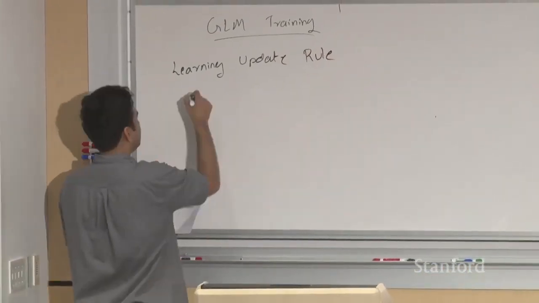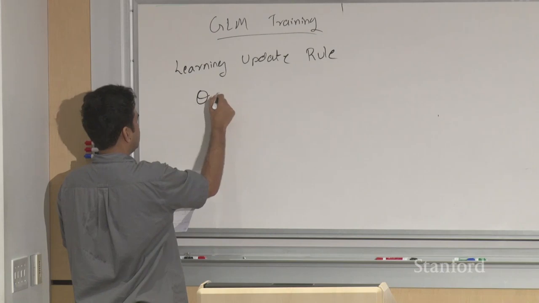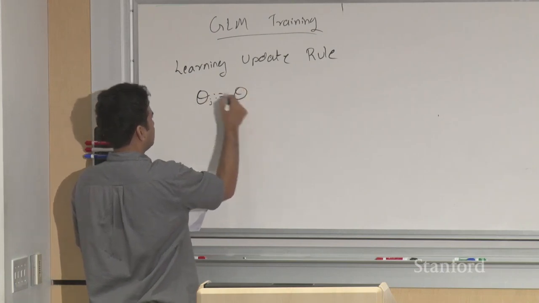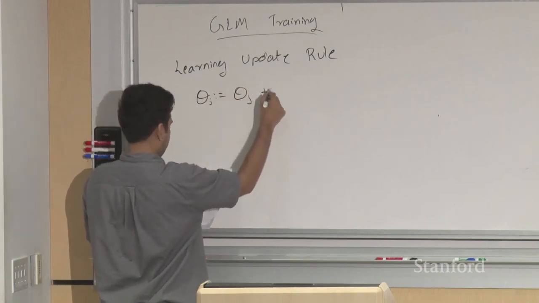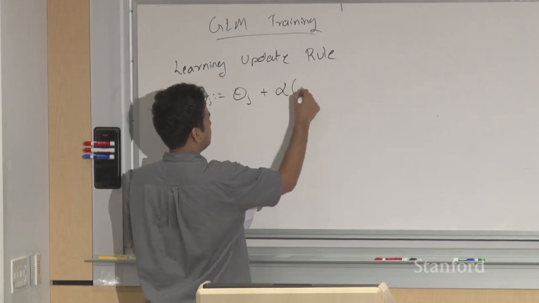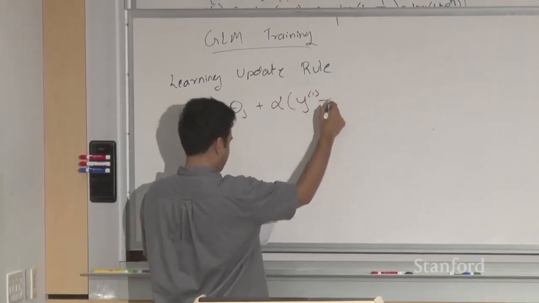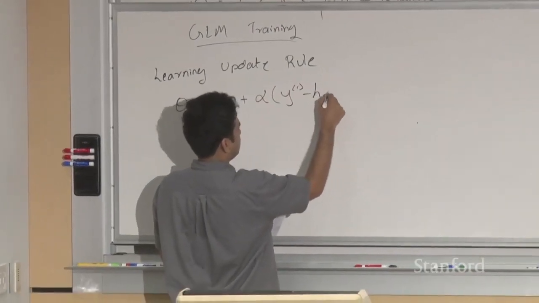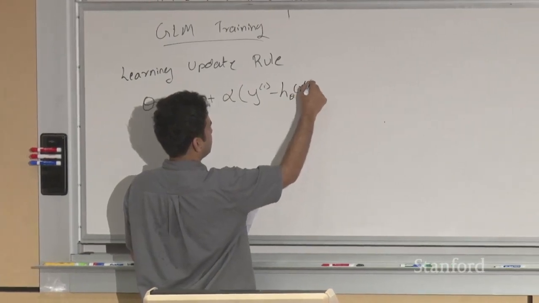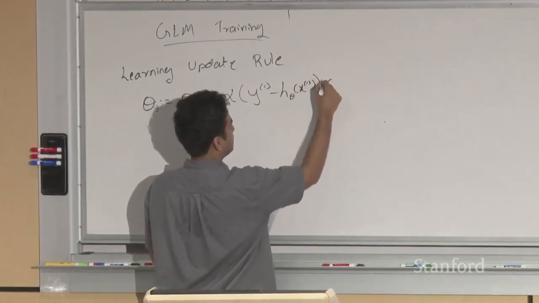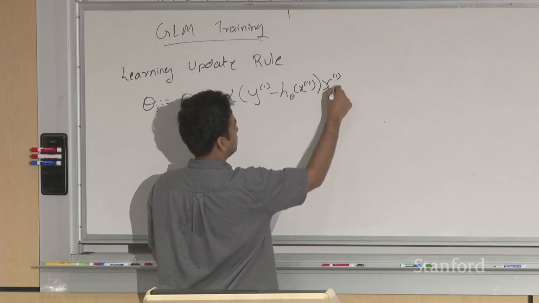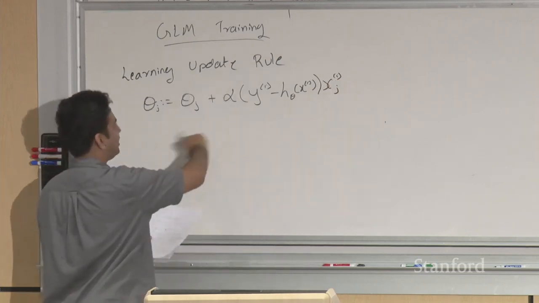The learning update rule is theta j equals theta j plus alpha times y i minus h theta of x i. You guys have seen this so many times by now.